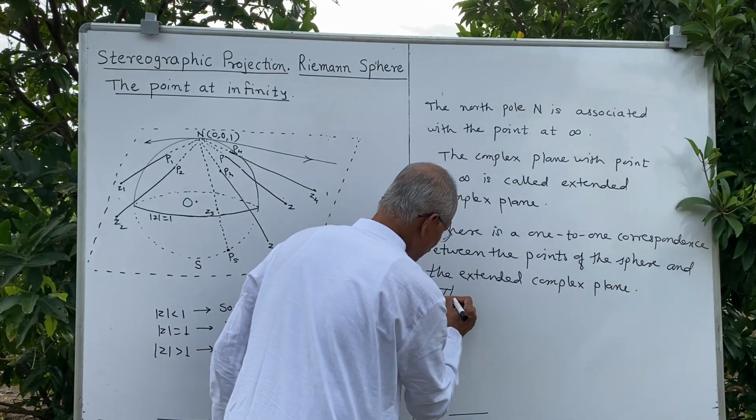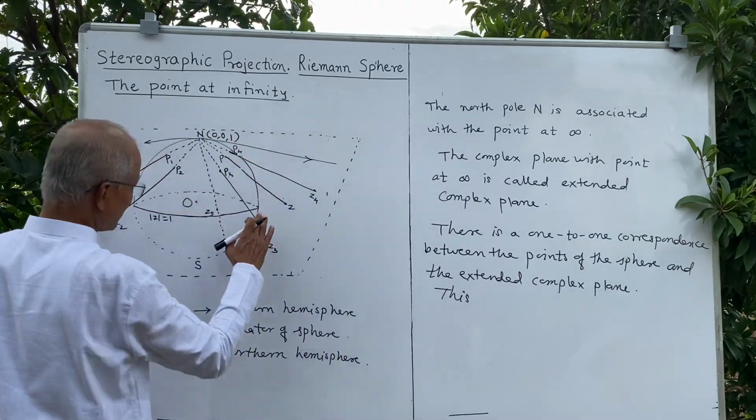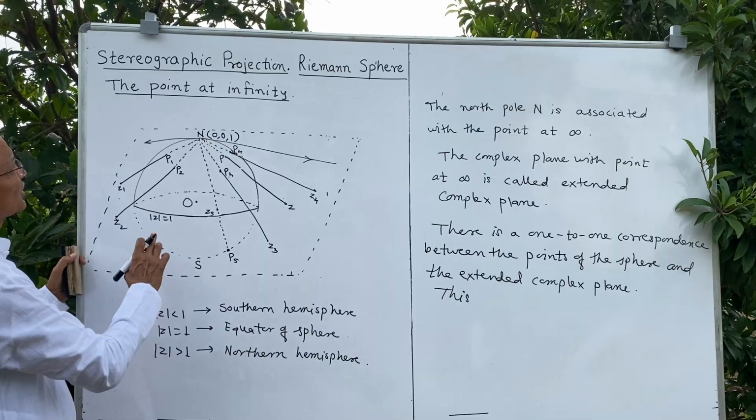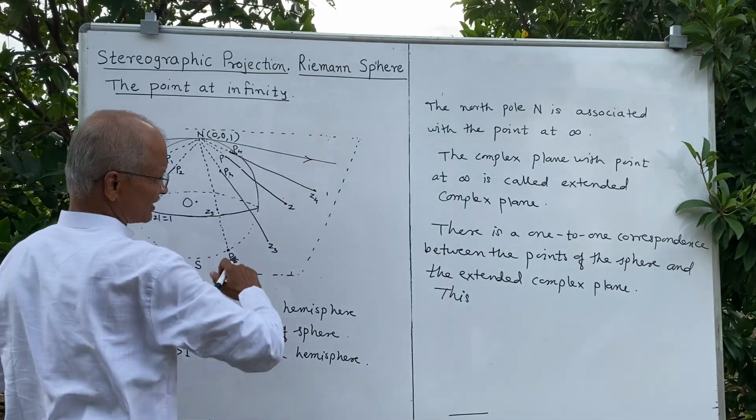This correspondence is known as stereographic projection. That means we have projected the sphere onto a plane, and that type of projection is called stereographic projection, and the sphere is known as the Riemann sphere.